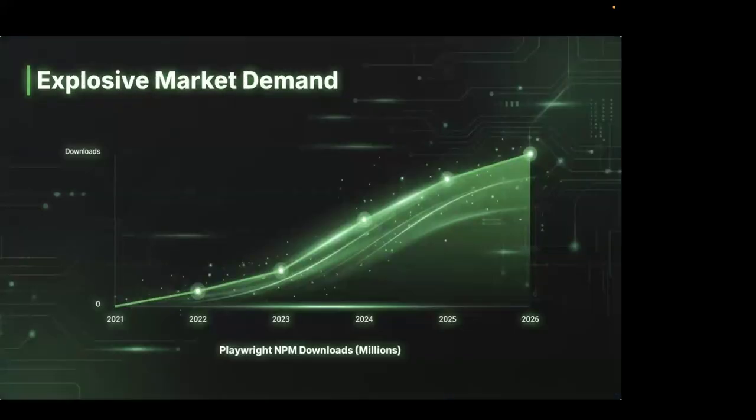And what is the market demand for Playwright nowadays? Playwright actually started on production in May 2021. Today, January 2026, the number of Playwright NPM downloads on an enterprise level, I'm not just talking about a personal thing, on an enterprise level, has increased by almost 10,000 fold.